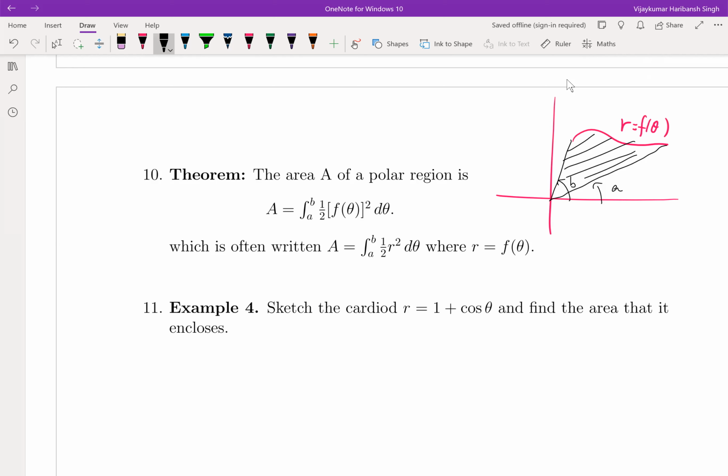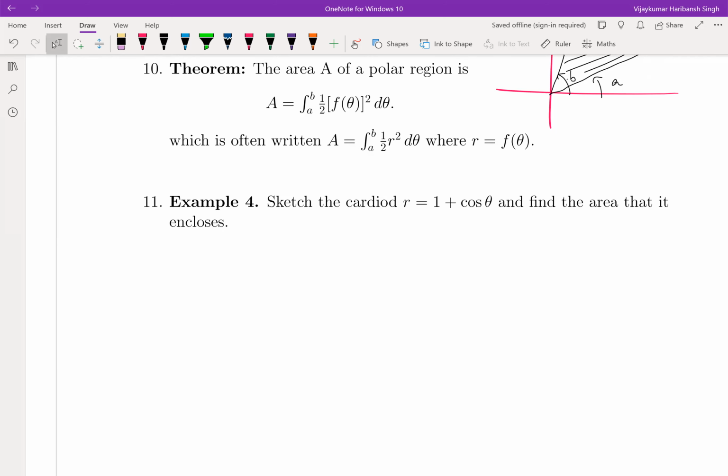So now let's look at one example. Sketch the cardioid r equals 1 plus cos theta and find the area that it encloses. Okay, so let's sketch the graph. First of all, let's understand how we draw this. We have cos theta. If I have to draw cos x, the cos x graph looks like this.